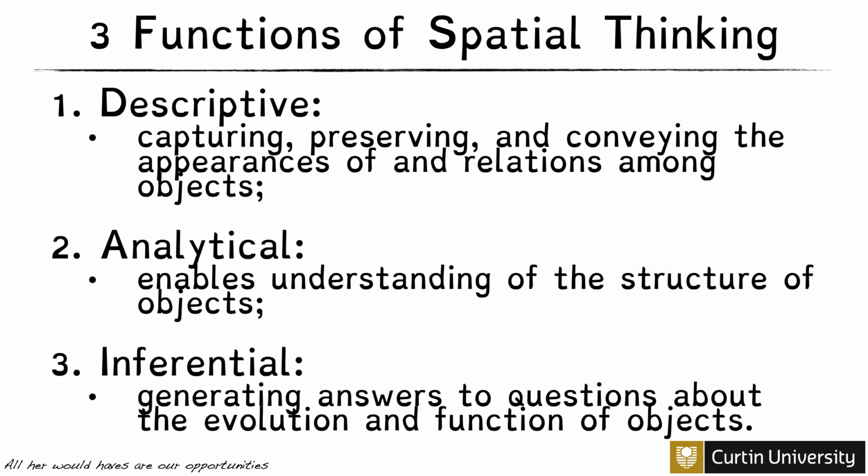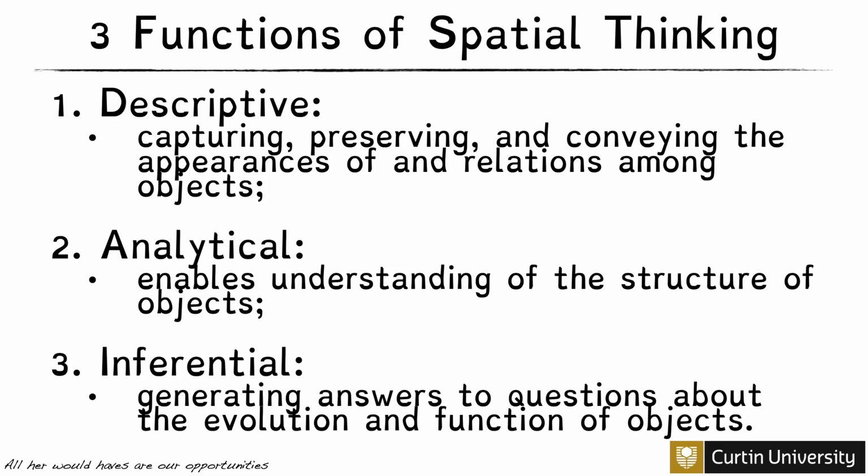And that may be arguable, but in our terms, that's what it is, or what we perceive him to be. So there's three functions that spatial thinking takes. A descriptive, where we start to capture, preserve, and convey all of the appearances of and the relations that exist amongst the objects. We're able to take an analytical look at things.